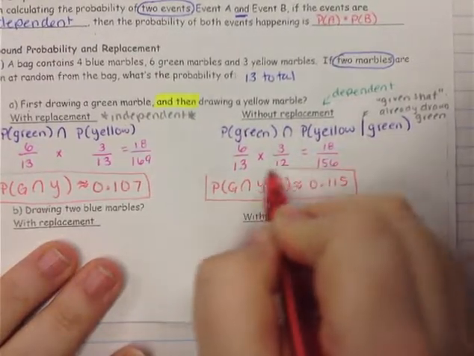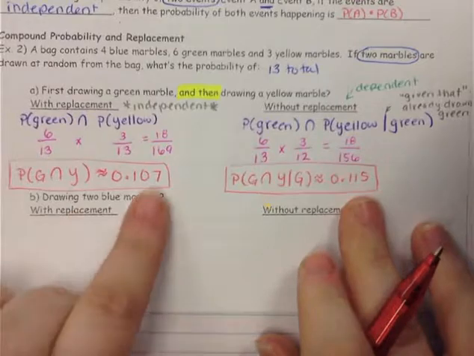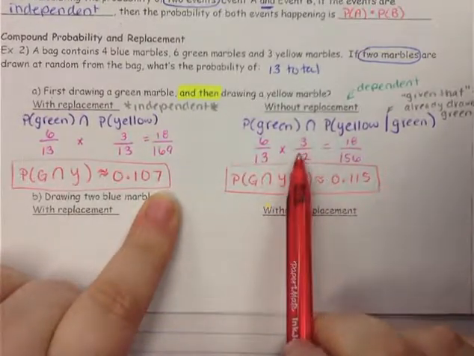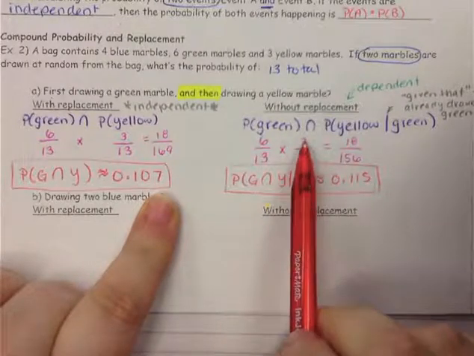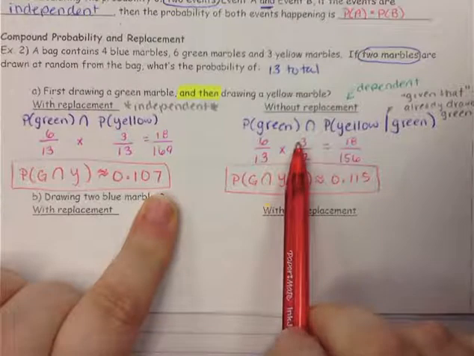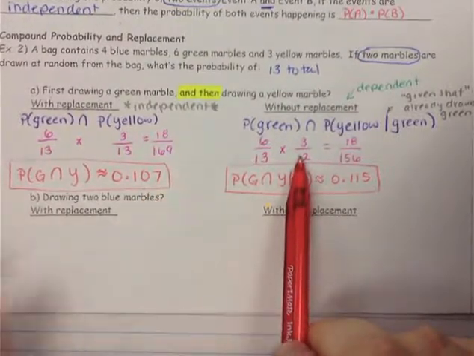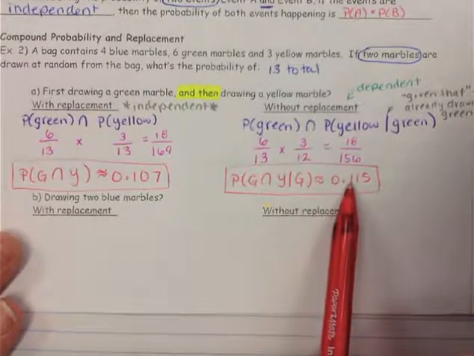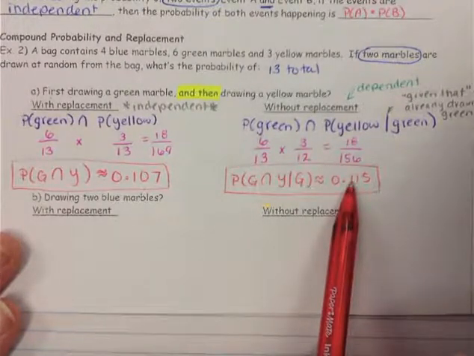Now this probability has actually increased from the first one. Now why is that? We actually have less marbles to choose from, but we still only have the 3. We want to pull out one of the 3 yellow marbles, but we have less marbles to choose from, so that means we have a higher chance of us getting the one we want. So that means our probability has actually increased.